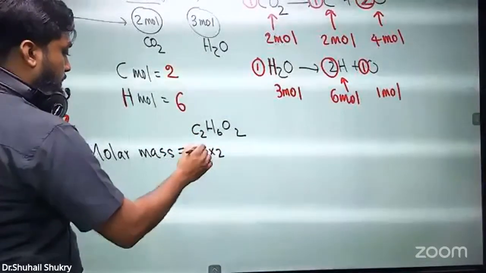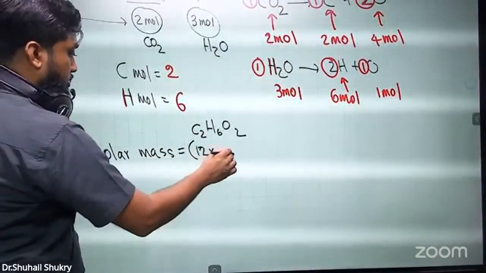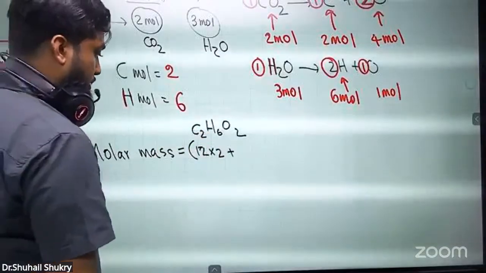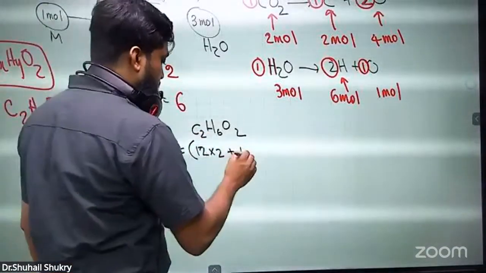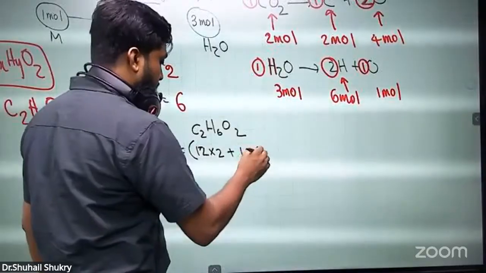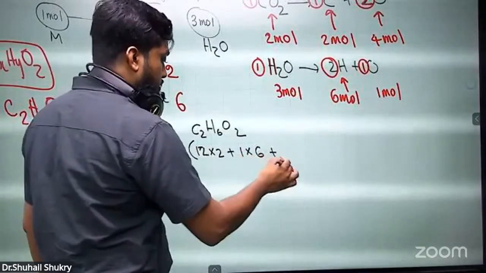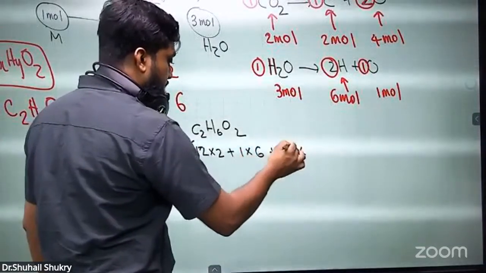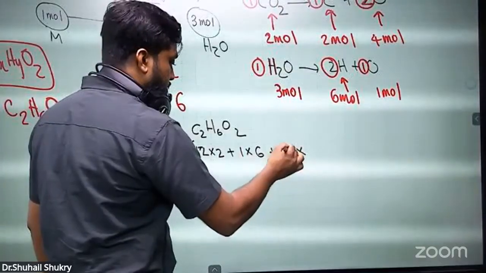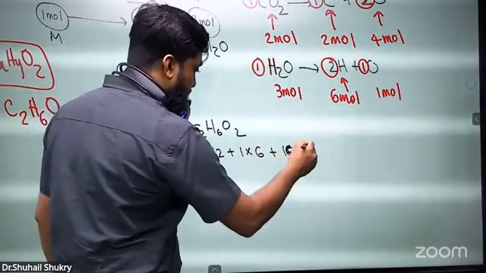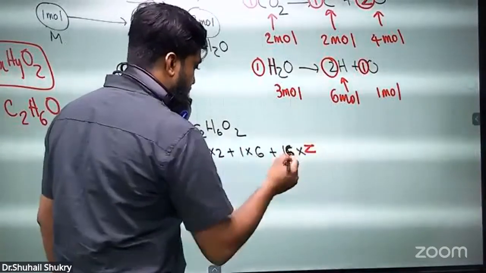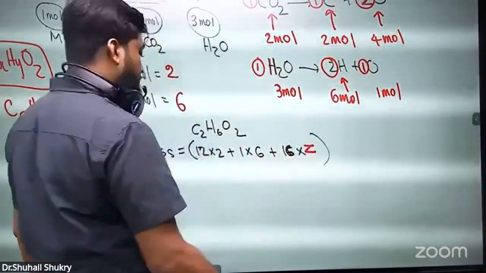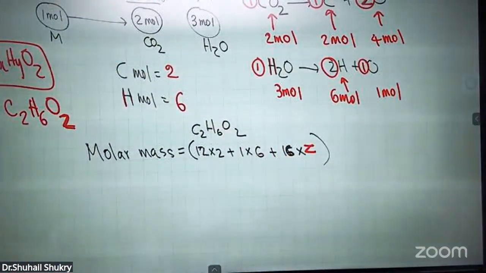One hydrogen is 1, and there are 6 hydrogens. One oxygen is 16, and there are Z oxygens, so 16 into Z. This is the letter Z, not the number 2. Don't confuse 2 and Z.